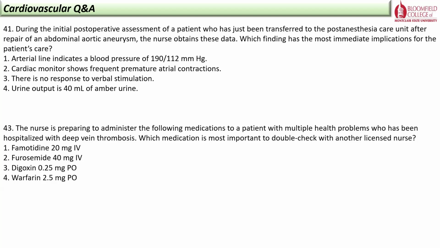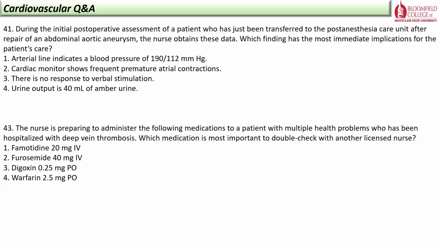43. As you prepare to give the following medications to patients with multiple health problems, a patient in the hospital with DVT, which drug is most important to double check with another licensed nurse? I think we went over this too, right? No? Okay.